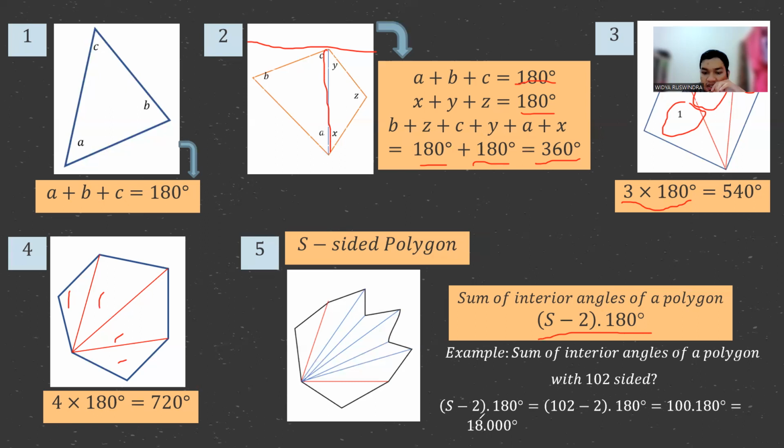The S value is 102, so 102 minus 2 is 100, times 180 degrees. So the answer is 18,000 degrees.